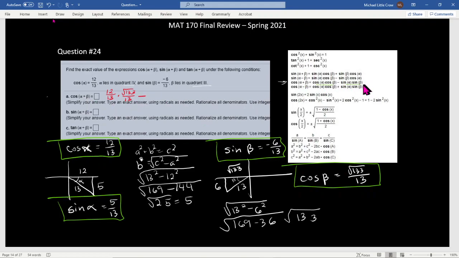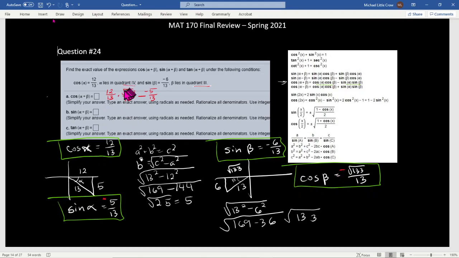Now we get the sine of alpha, sine of beta. Sine of alpha is 5/13, and sine of beta, well, be careful here. Since we are in the third quadrant, sine is negative, but cosine is also negative.